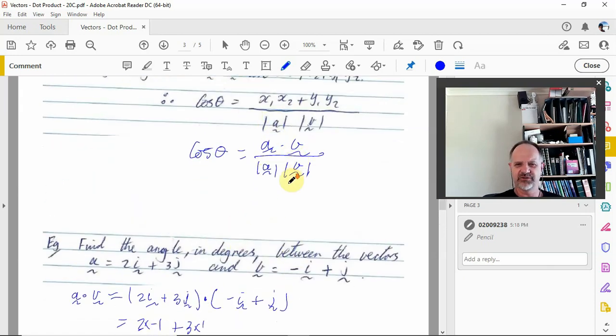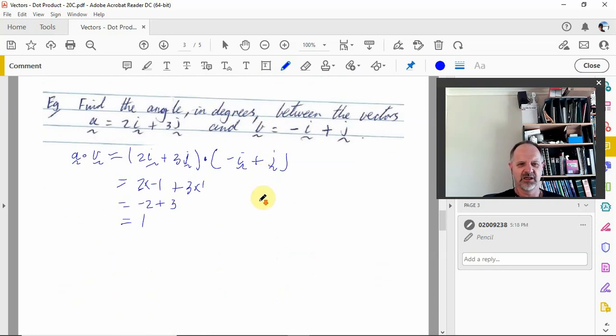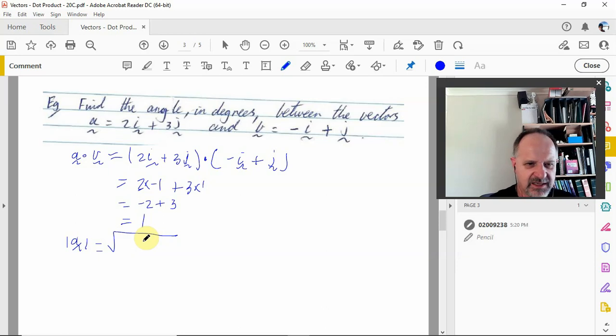We need the magnitudes of each of those vectors. All right, so magnitude of A is the square root of the i component squared, 2 squared, plus 3 squared, 4 plus 9, which I believe would be 13.